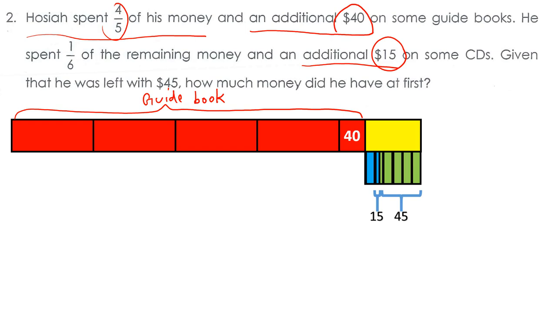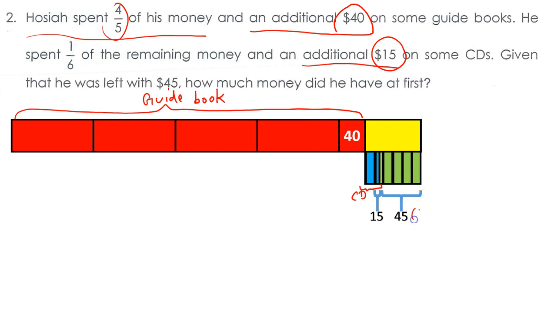Now that the models are out, by the way, all these in blue are the CDs, so I'm just going to write CD over here. You are being told that he has an additional $15 being spent on a CD, and he was left with $45. So the model is complete.